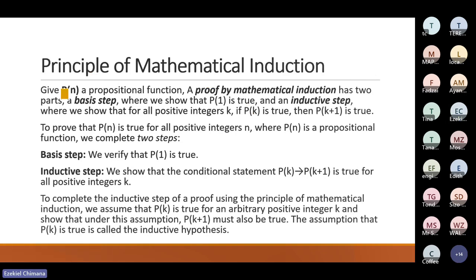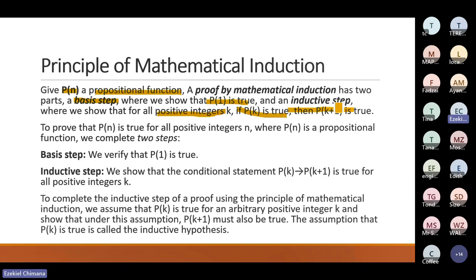Given P of n is a propositional function, a proof by mathematical induction is in two parts: a basic step, where we show that P of 1 is true, and an inductive step, where we show that for all positive integers k, if P of k is true, then P of k plus 1 is true.